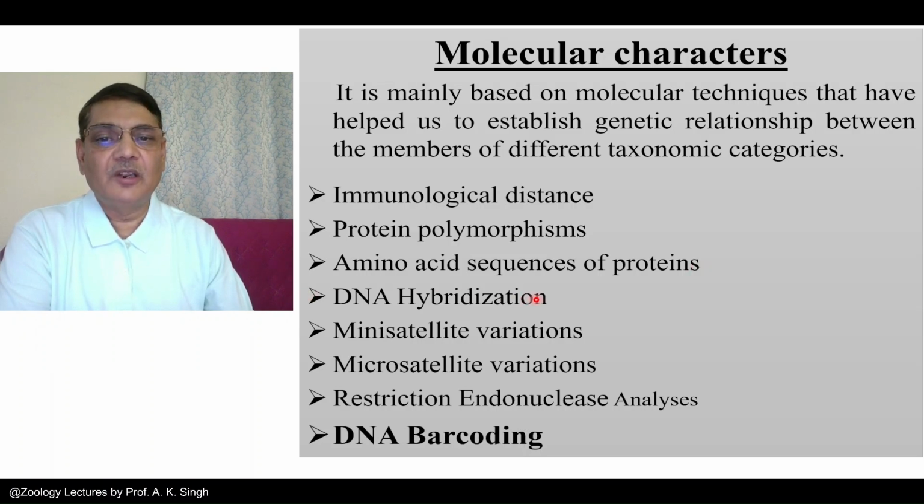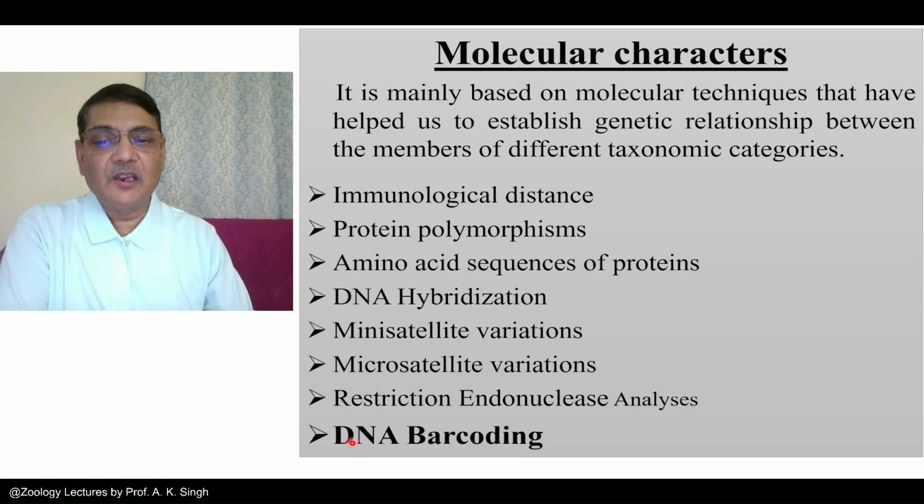DNA hybridization, it also formed the basis of identifying species. Minisatellite and microsatellite variations could be used to identify different species. And restriction endonuclease analysis, that is RFLP, can be used for species identification.